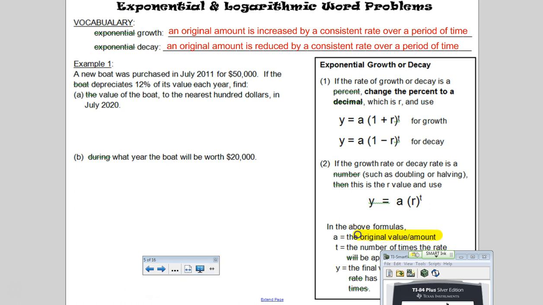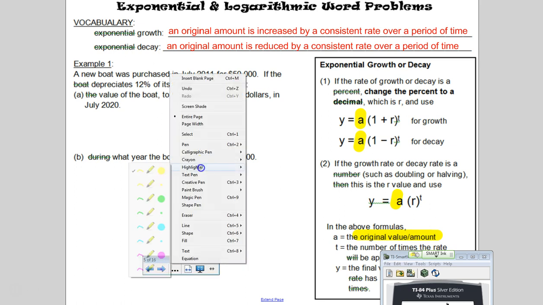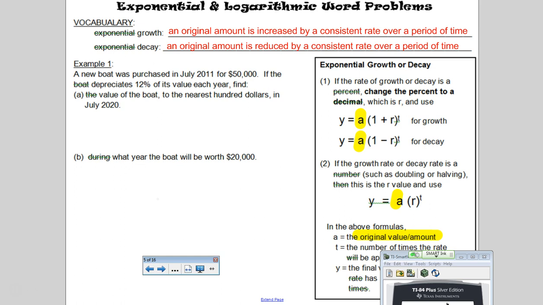So your original value is the beginning initial spot. And then you're going to apply the rate. Now the rate can be given to you one of 2 ways. It can be given to you as a percent, or it can be a pure number. There's a difference. If I say that you're going to gain 20%, then you would do 1 plus the rate. 1 stands for 100%.